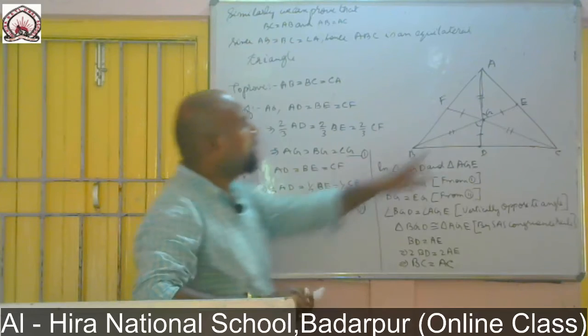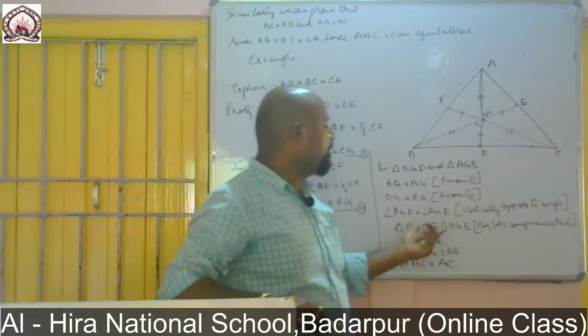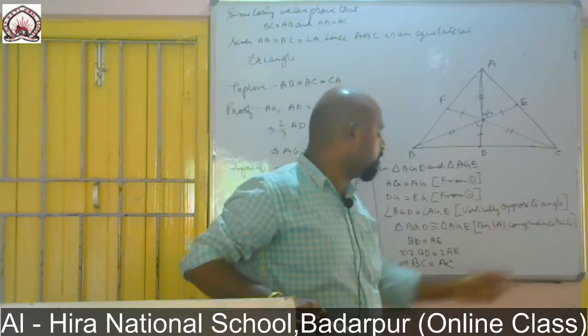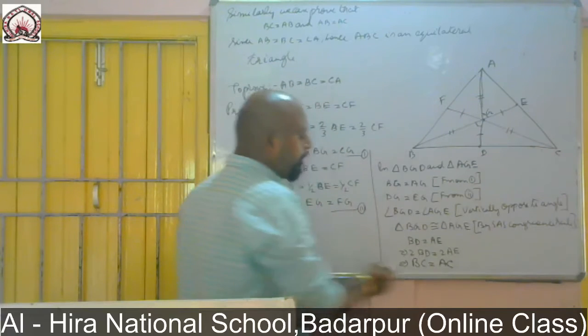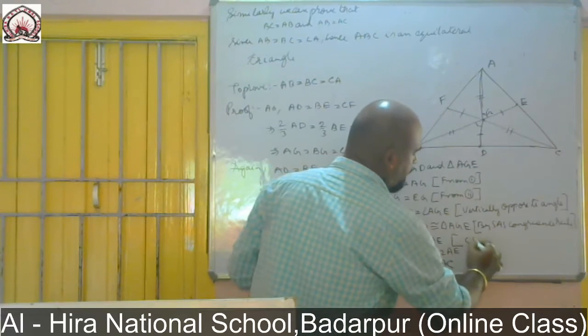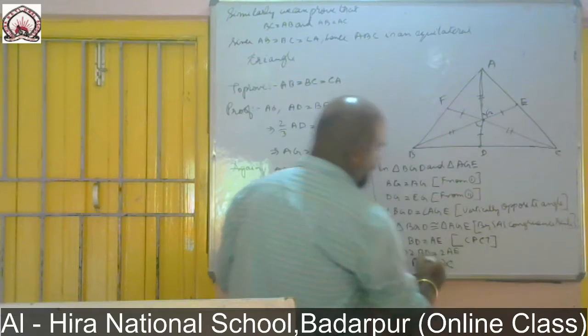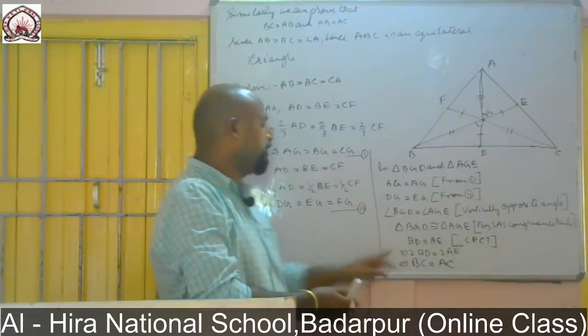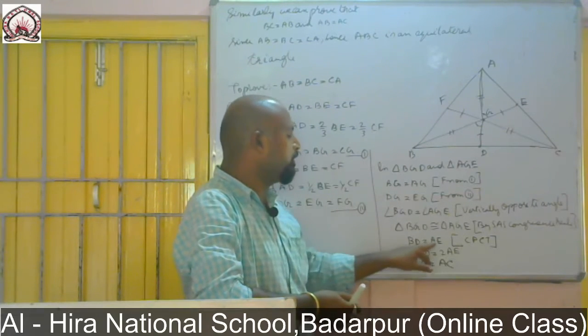Now after taking these two triangles by the help of SAS congruence rule, here I have applied CPCT. By CPCT we are getting BD equal to AE.